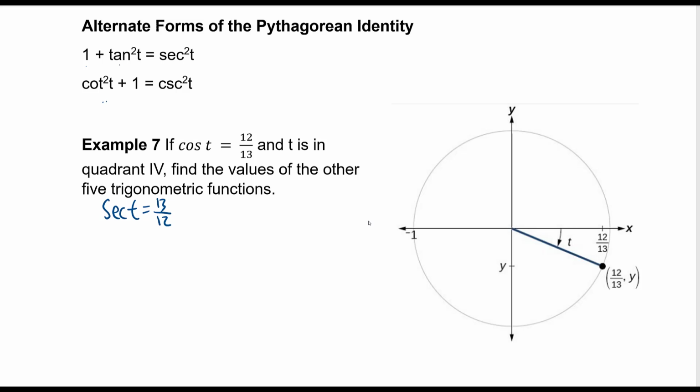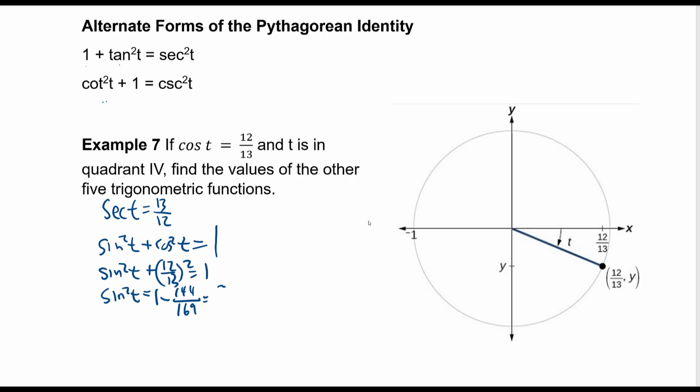We also know that sine squared t plus cosine squared t equals 1. So sine squared t plus 12 over 13 squared is 1. So sine squared t equals 1 minus 144 over 169, since 12 squared is 144 and 13 squared is 169.